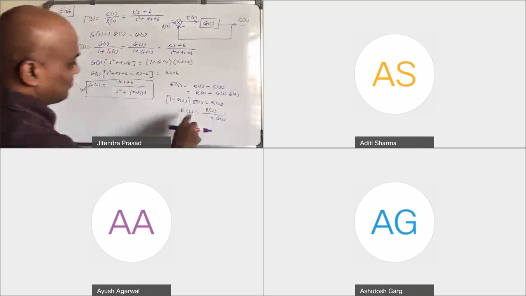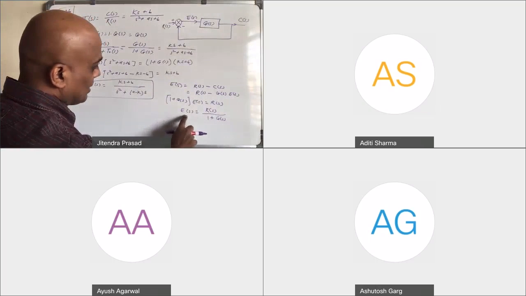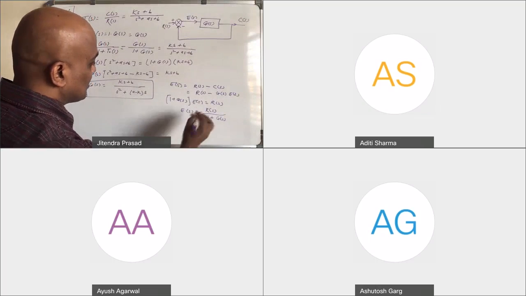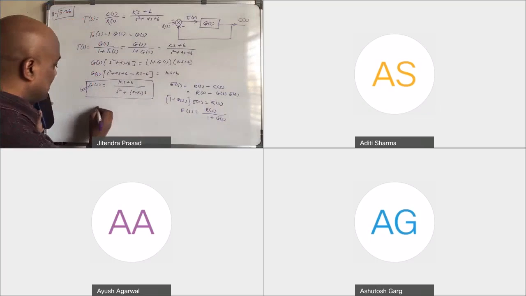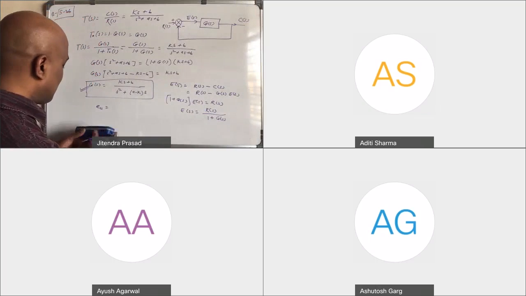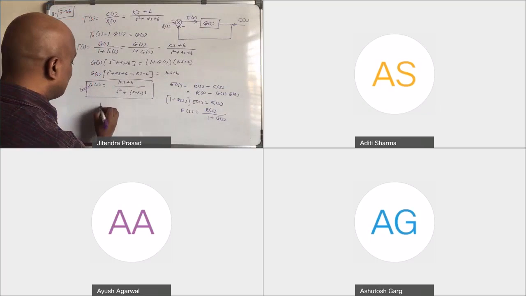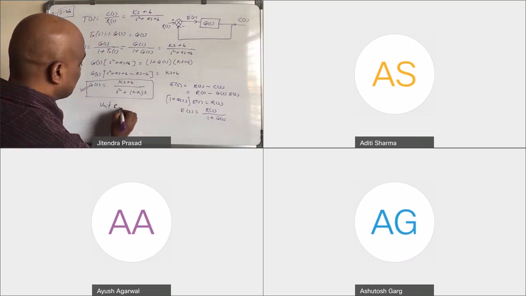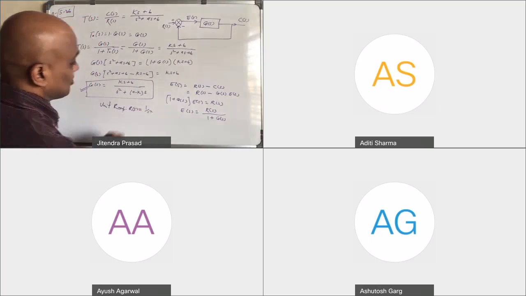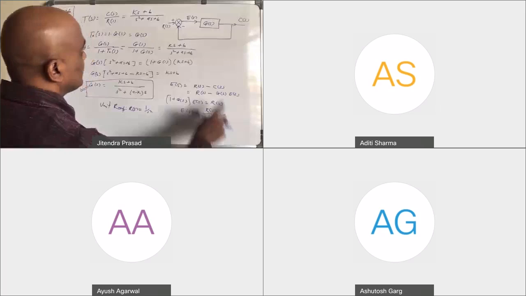So basically, what we're talking about is the steady state error and 1 plus G(s). E_ss for the unit ramp is asked, so for a unit ramp R(s) is equal to 1 over s squared, and G(s) is given here.